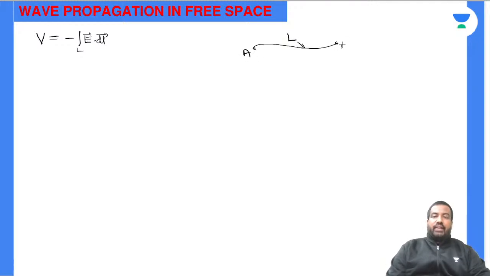If this path has two limits A and B, then you get VAB, minus integral from A to B of E dot dl.